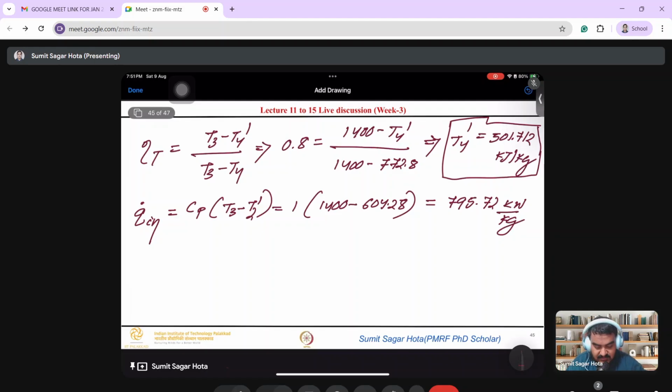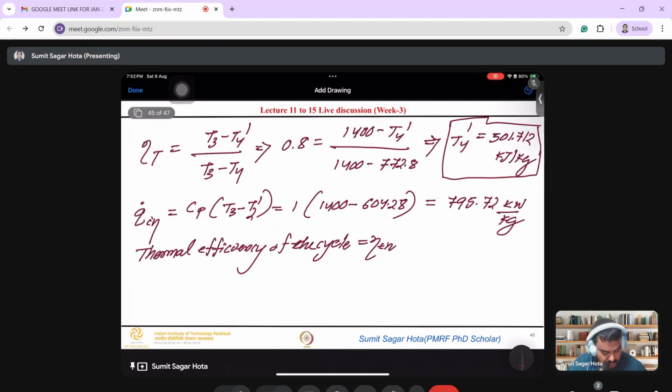Let's find out the thermal efficiency of the cycle, which is equal to turbine work minus compressor work divided by Q dot in.